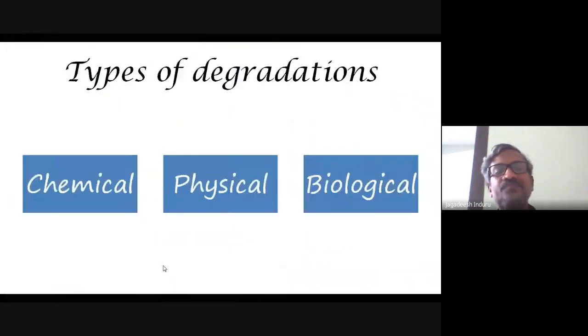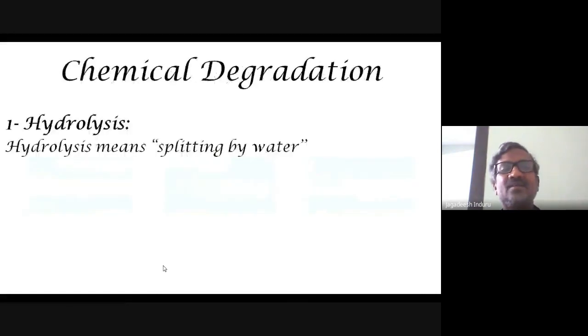One is chemical, another is physical, and another type of degradation is biological, based on what we have already seen fundamentally. So the similar thing is rotated, and this is the other side of the coin which you are going to enter. The chemical degradation is hydrolysis. It is splitting by water, in the presence of water, into 2 ions.